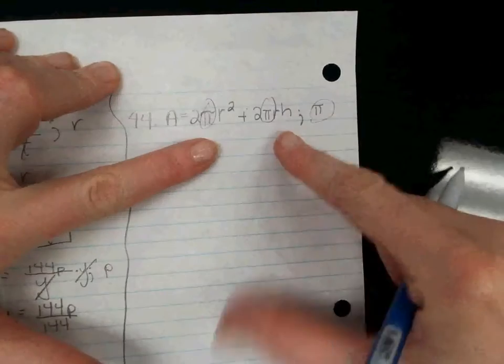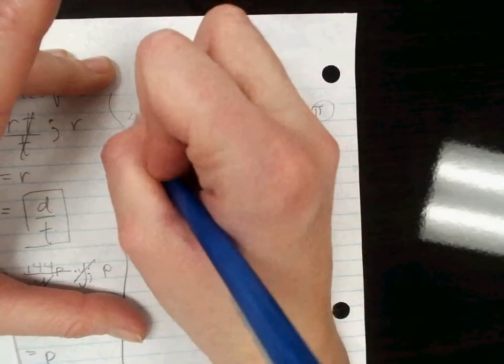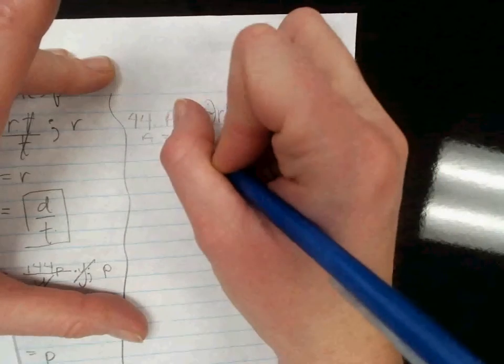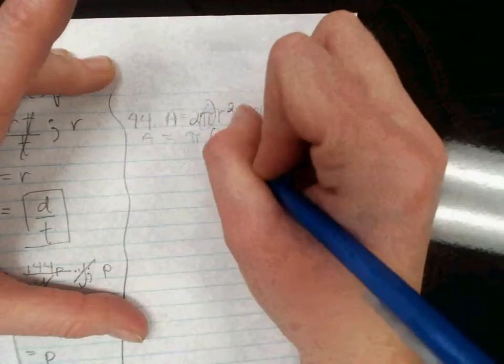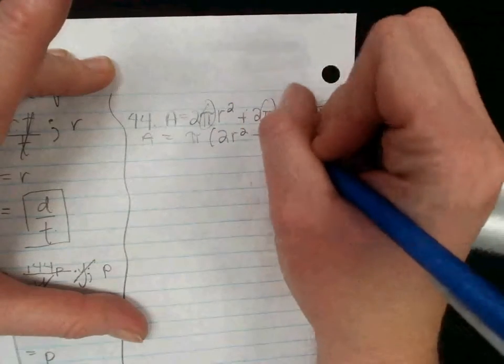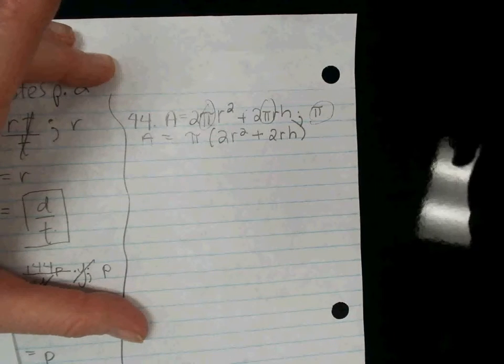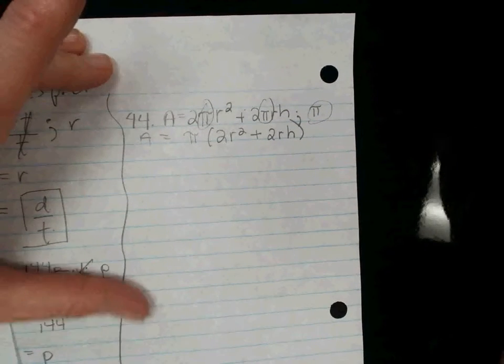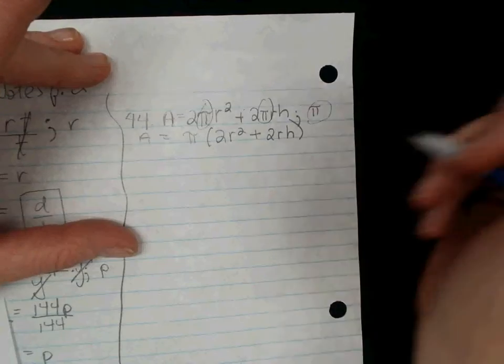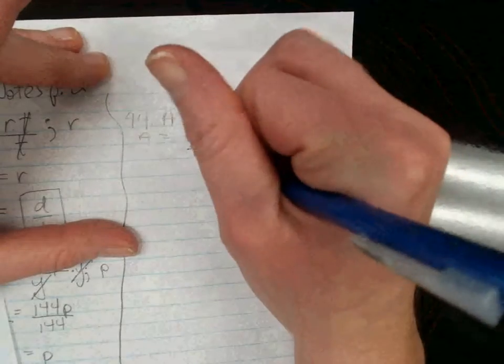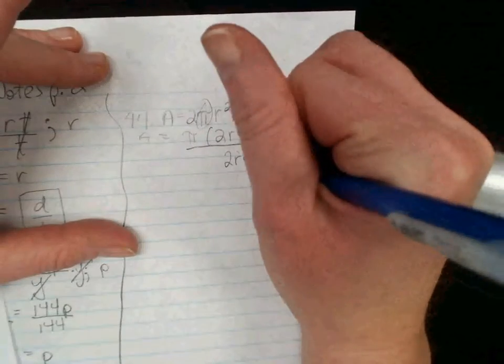Since both of my terms have pi in it, I'm going to start by factoring out pi. Only one more step to get pi by itself. Divide both sides by 2r squared plus 2rh.